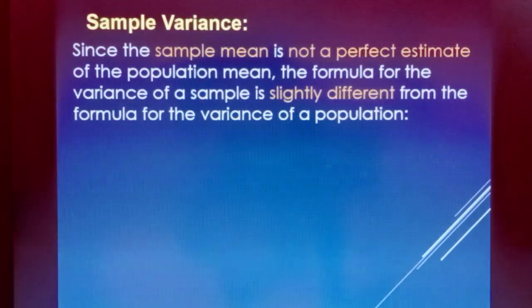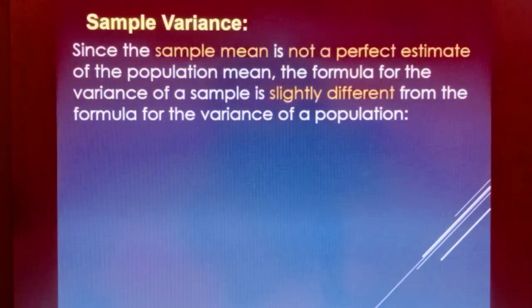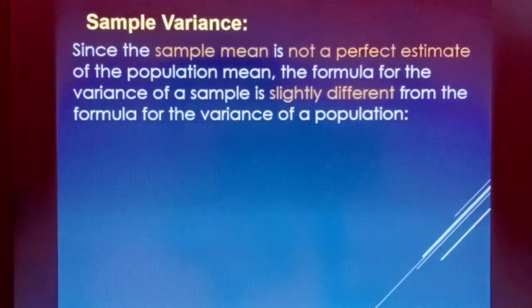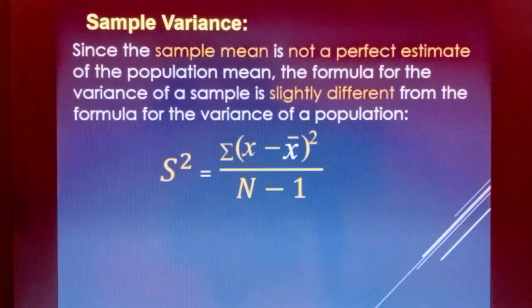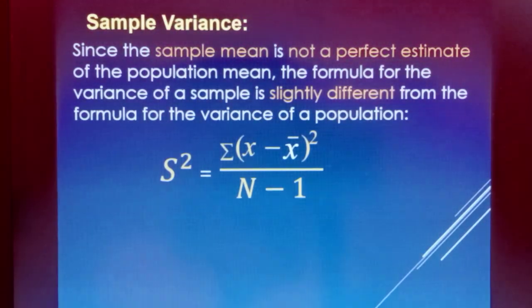Ayan, so may variation, mas malaking variation. So bali may adjustment din tayo sa formula. So our formula for the sample variance is the summation of x minus x bar squared, over n minus 1.